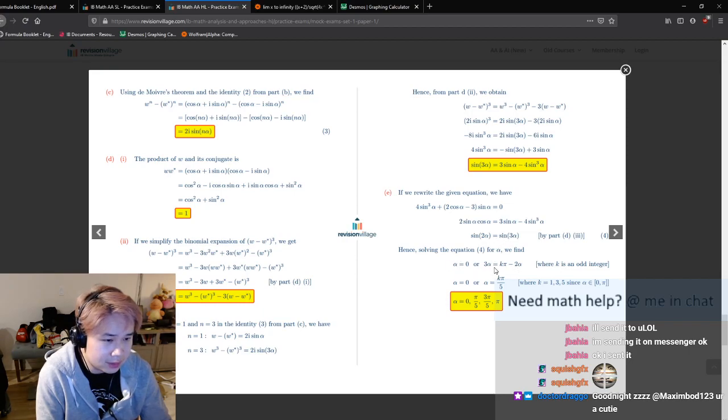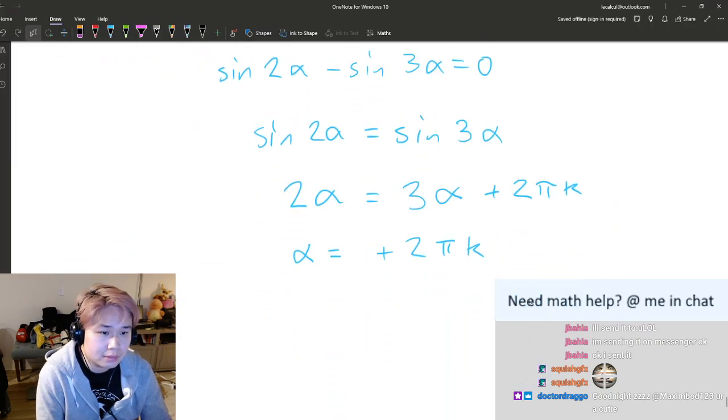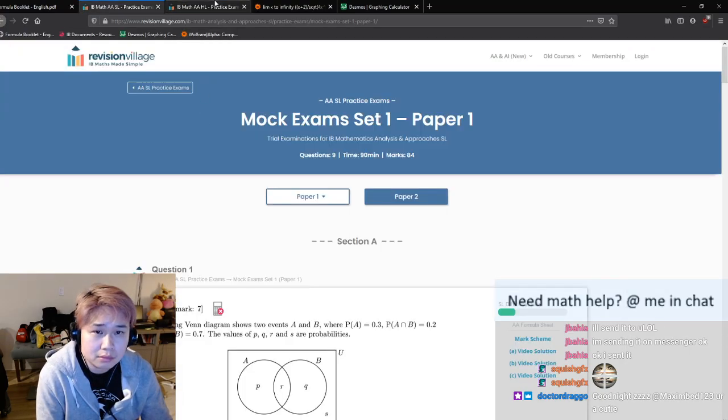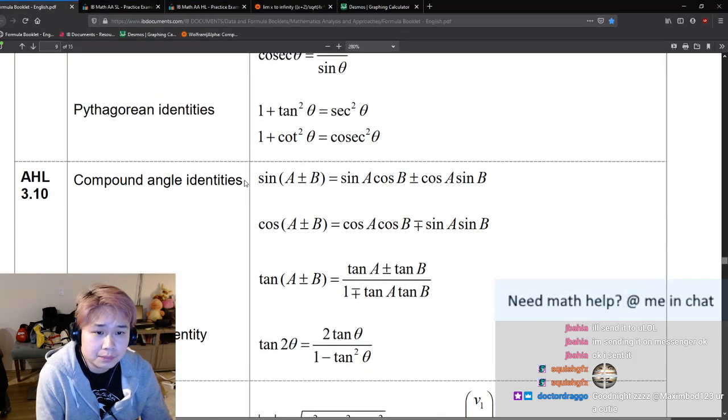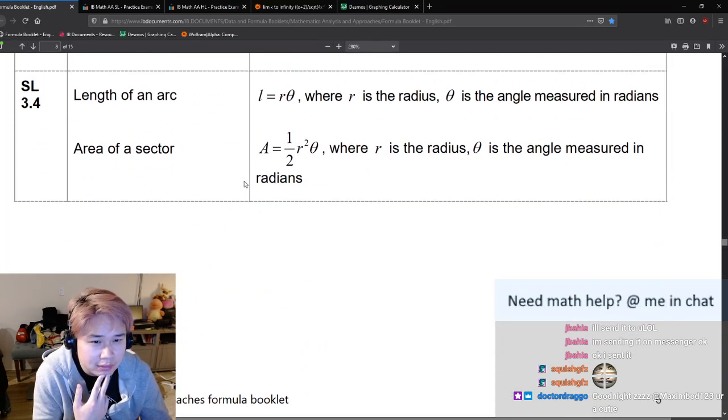So alpha equals 0 or k pi minus 2 alpha. Oh, so ignore what I said. And I don't know if this shows you shifts.